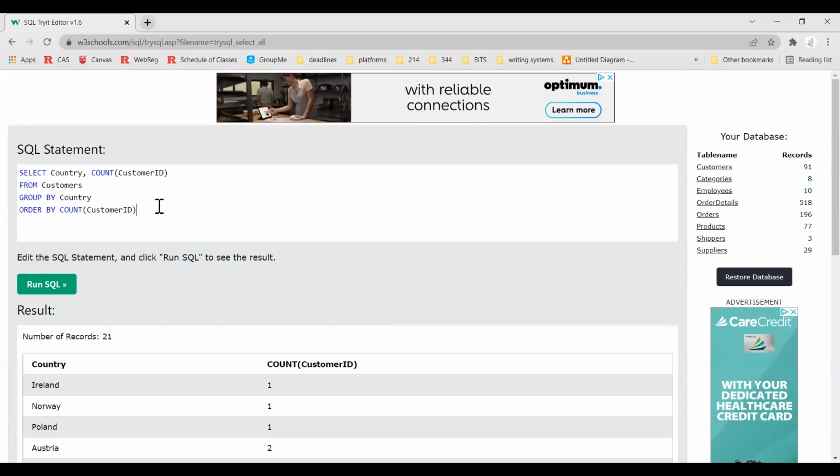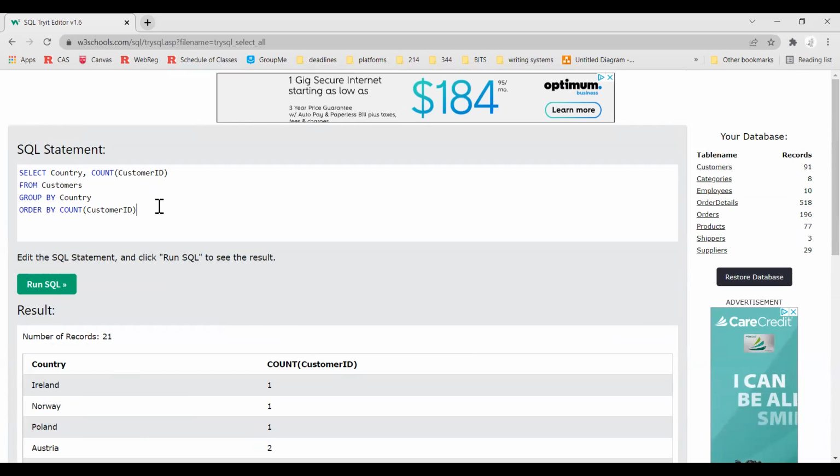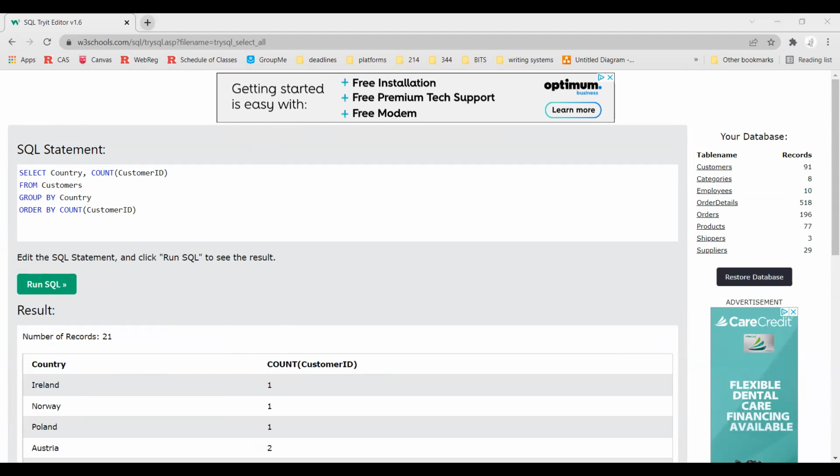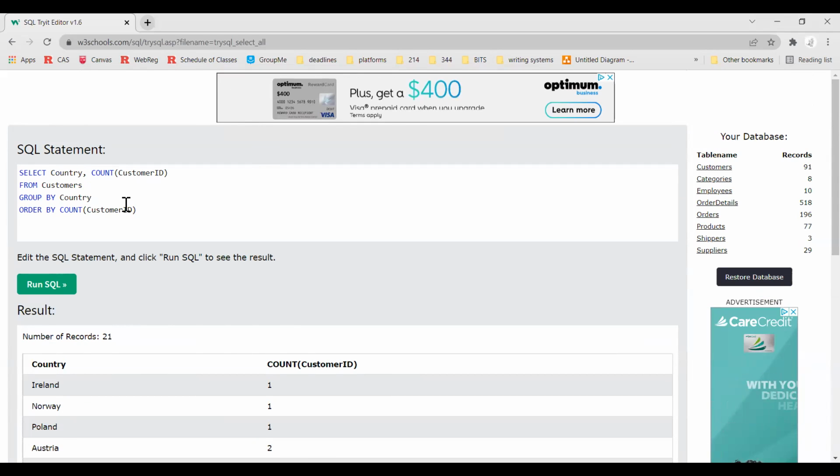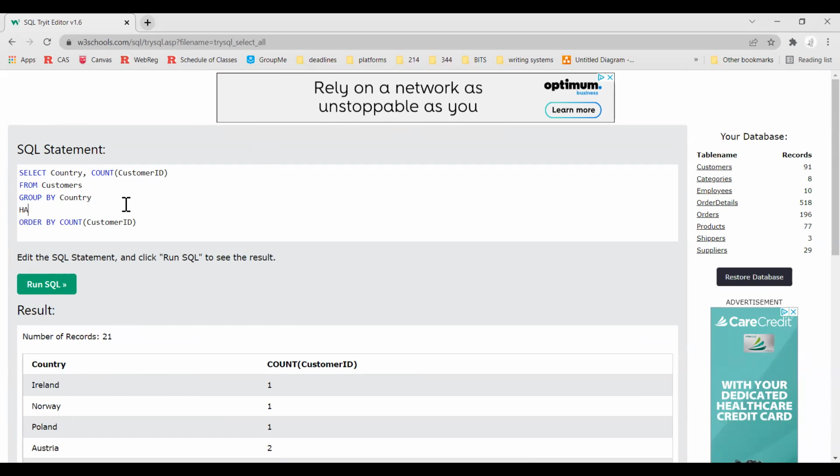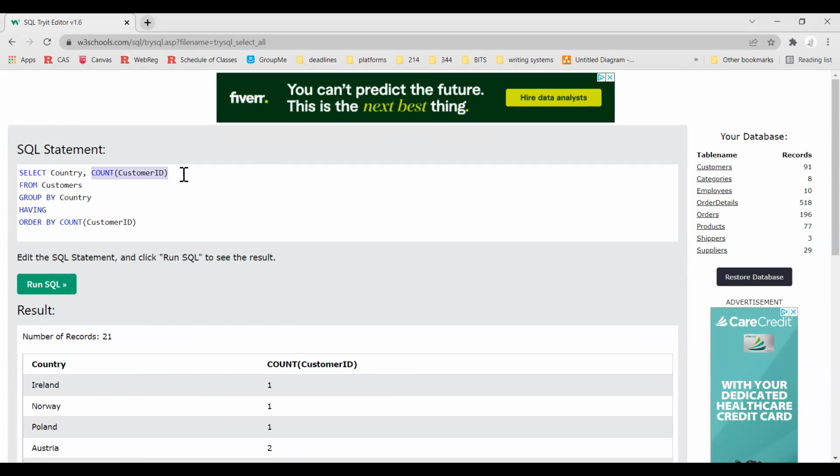All right, now what if we want to filter and use group by? So instead of where, we're going to use the word having. So we can put it over here. So what if we only want countries that have less than 10 customers?